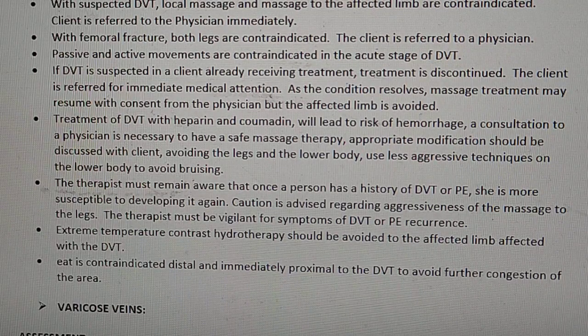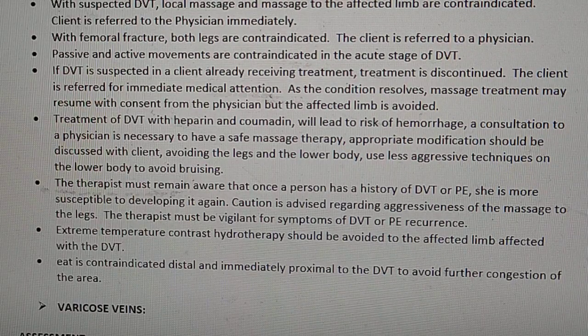When the client is taking heparin or Coumadin, there will be a risk of hemorrhage, so you shouldn't just massage the client without consultation with his or her physician.